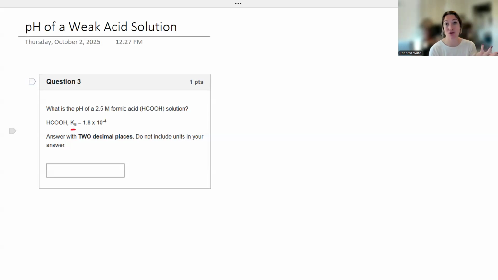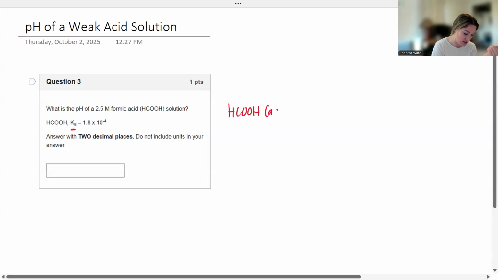Even though on the exam you don't have to do this, for every question like this I like to start off by writing down the reaction that's happening. So HCOOH is our acid, in an aqueous solution, which I didn't specify because I never think to. Aqueous at room temperature, okay? And it's going to dissociate.